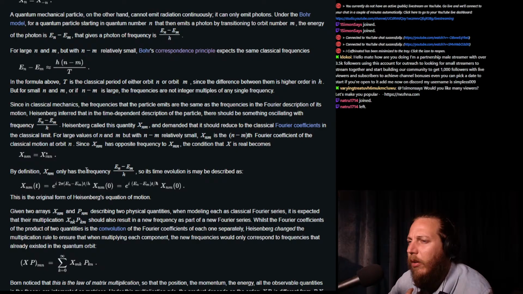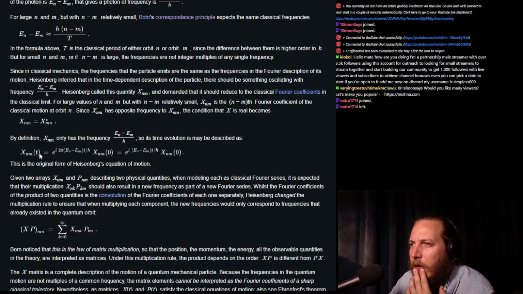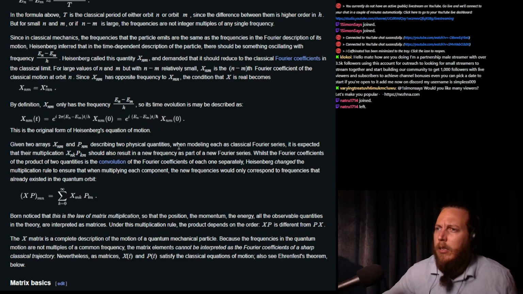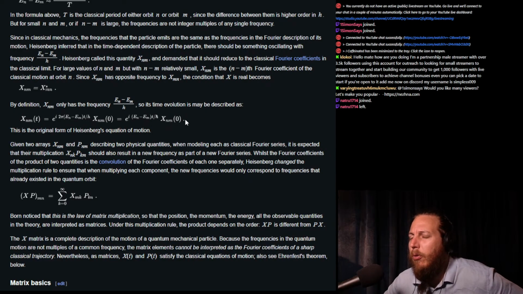By definition, x_nm only has a frequency, so its time evolution is described as x_nm(t) equals e to the power of i 2π (E_n minus E_m) t over h times x_nm(0). This is the original form of Heisenberg's equation of motion.